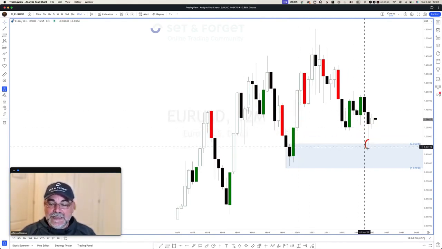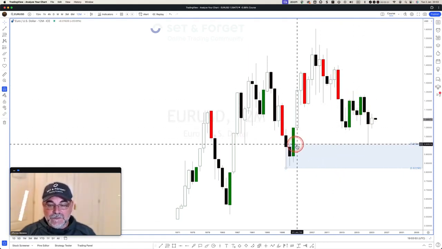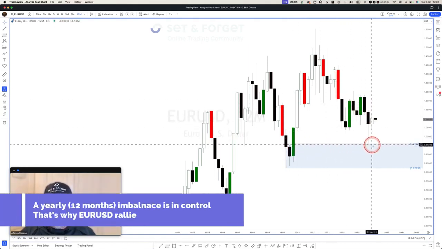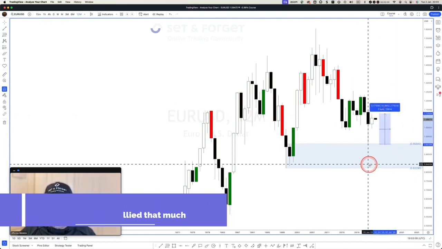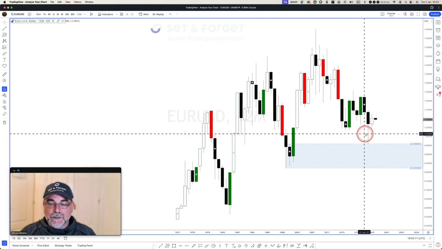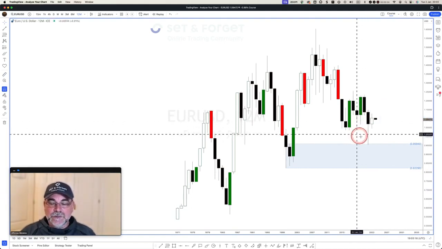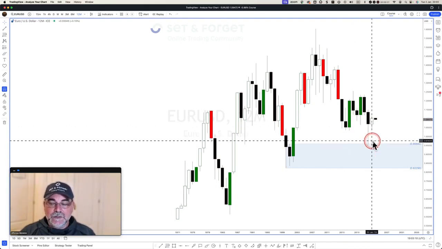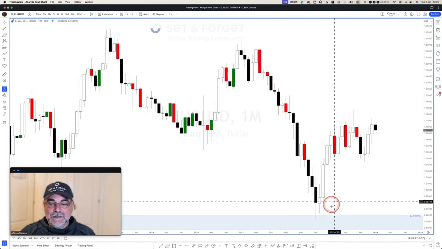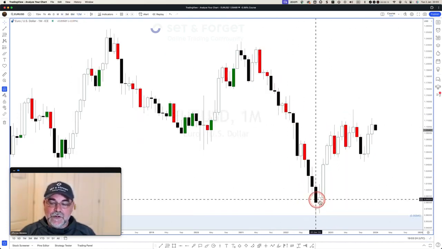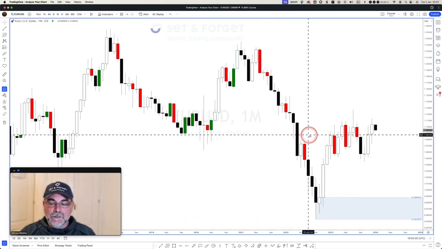So when price hit that proximal line after years, and I've been talking about this imbalance for many months, look what happened. Price rallied about 18%. So if you were thinking of going short for swing trading on the euro dollar, or even on smaller time frames, you've got a problem, because the euro dollar rallied strongly and ended up creating an imbalance over here on the monthly.